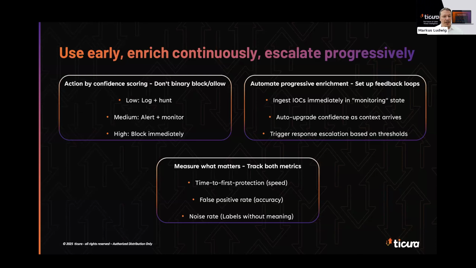What is the false positive rate? Already, this information continuously measured in metrics will help you to understand and optimize your threat intelligence practice over time. And also understanding what is the noise rate across sources. What are labels that actually help you or are without any meaning? All these will help you to get better on actually balancing out the protection and detection versus contextualization and false positive prevention.